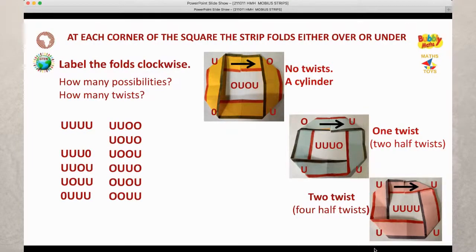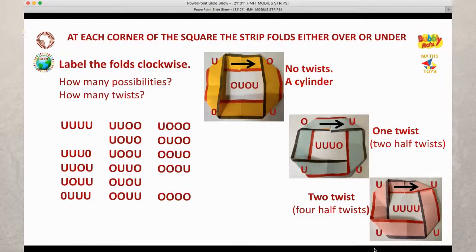And what else? What have we not looked at so far? Well, we haven't looked at having 1 under or no unders. So we've got 4 unders, 3 unders, 2 unders, and now there's the list of 4 possibilities for 1 under with 3 overs. And finally, the last one there has got no unders at all. It's got 4 overs.